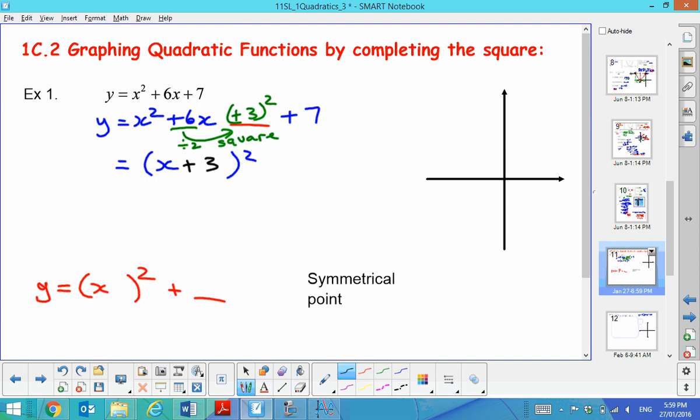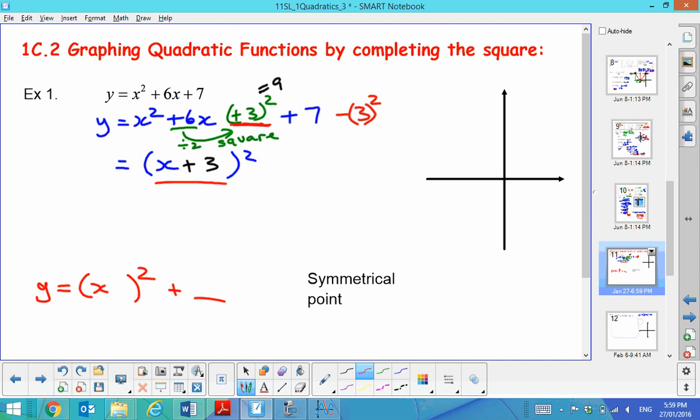So we know that x squared plus 6x plus 9, there's our plus 9, is the same as x plus 3 squared. But I've added this plus 9. I can't just add something to an equation because it changes it. So if I add something, then I need to subtract it away as well. So if I've added plus 9, I now minus our plus 9, our 3 squared, and that will leave the equation the same.